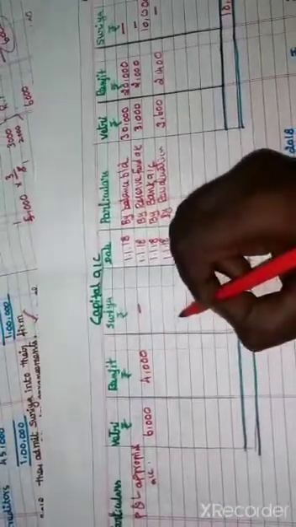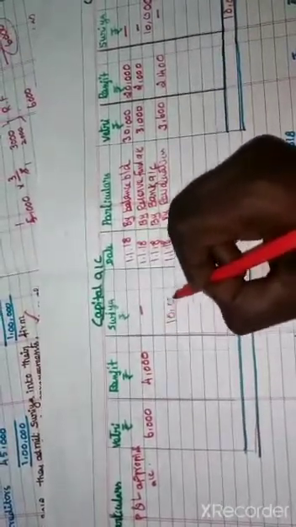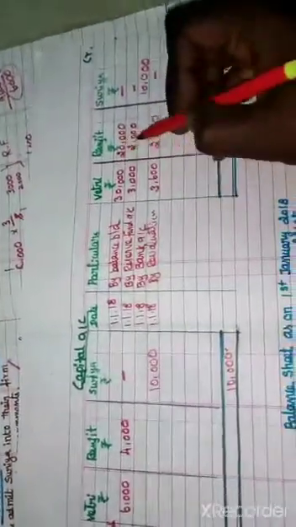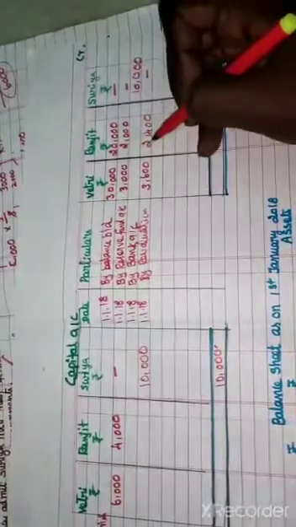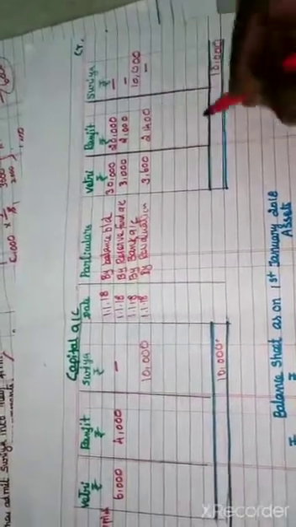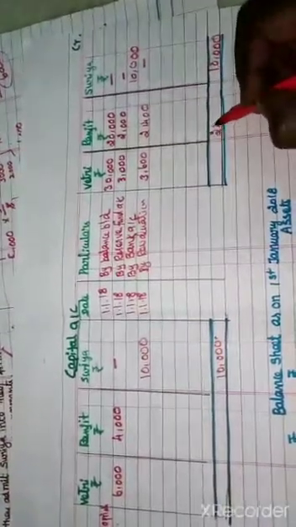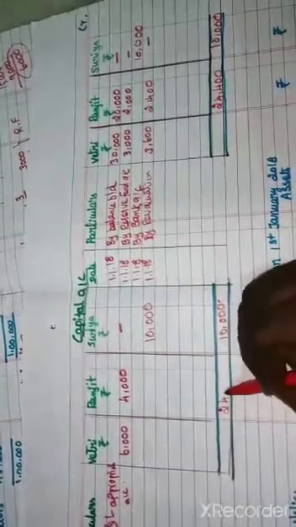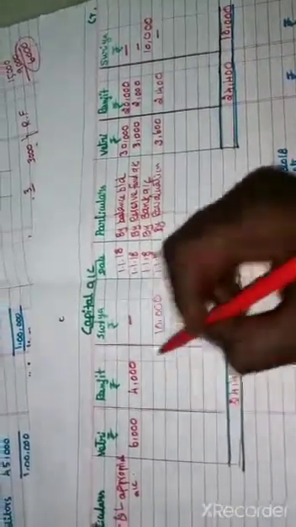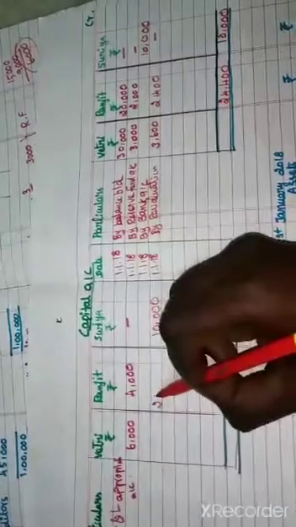In the debit side no adjustment for Surya, so we can write here also 10,000. The difference amount is entered here, 10,000, a closing balance. And then for Ranjit, 20 plus 2 is 22, 22 plus 2 is 24,400. Here we got already 4,000. So what is the difference amount? 24,400 minus 4,000 means 20,400.